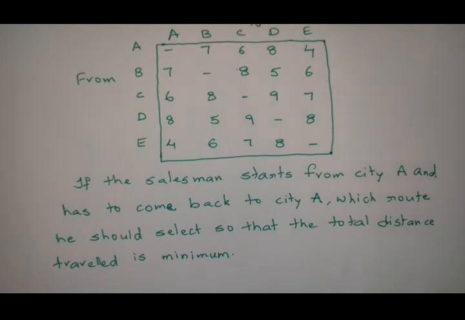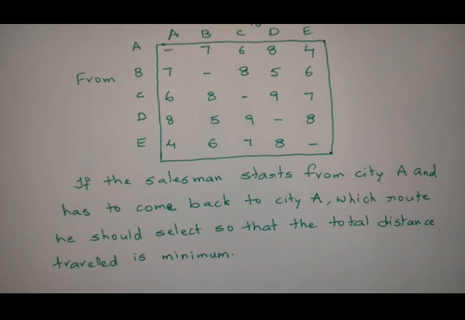Before solving that problem, we need to check whether it is a balanced or unbalanced one. First of all we need to do it as an assignment problem, and if the condition is not satisfied according to the traveling salesman, then we need to use a technique in order to find that shortest route.